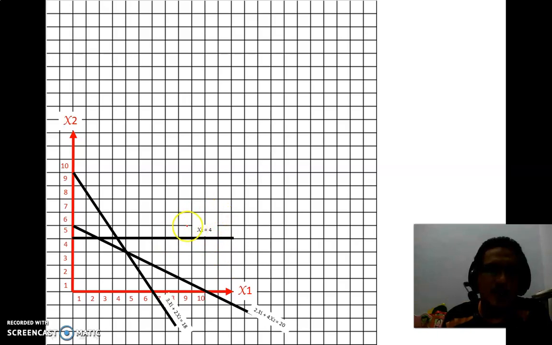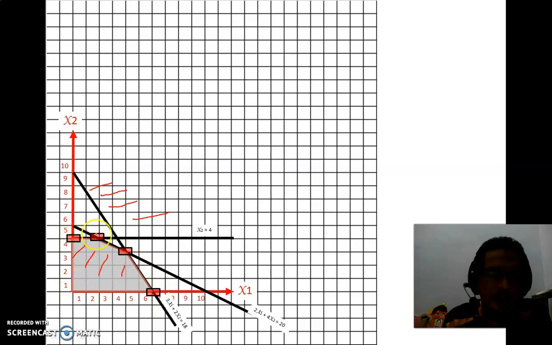All the equations are less than or equal, so that means this is the shaded area. If it were more, the shaded area would be here. This is the shaded area for less than or equal. We call it the feasible area.